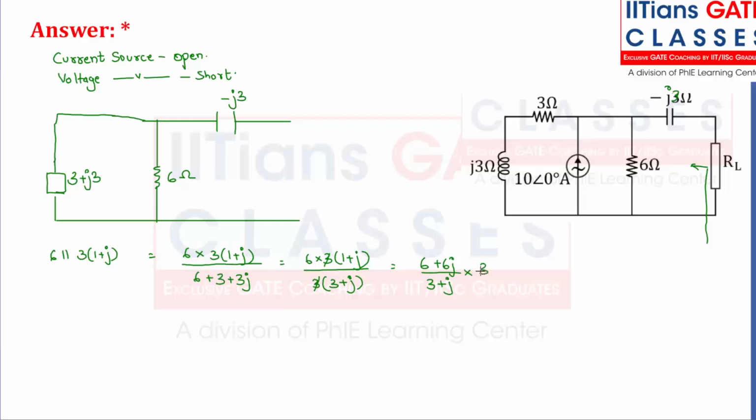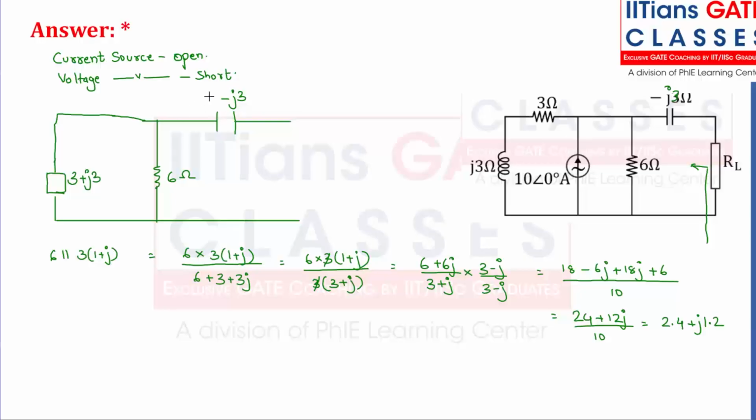Let me rationalize this, multiplying by 3 minus J. So if we solve this, this will be 18 minus 6J plus 18J plus 6, divided by 9 square plus 1, which is 10. So this comes out as 24 plus 12J by 10, which is 2.4 plus J1.2.